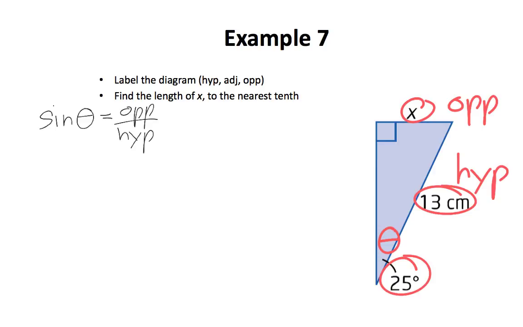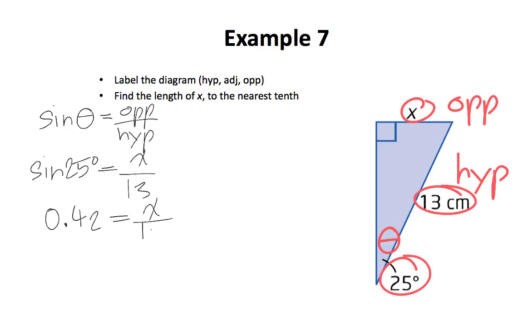Next, we want to substitute in our known values. So instead of writing theta, I'm going to write 25 degrees. Instead of writing opposite, I'm going to write x. Instead of hypotenuse, I'm going to write 13. Using your scientific calculator, you'll figure out that the sine of 25 degrees is 0.42. Everything on the right stays the same. Next, I'm going to change 0.42 into a fraction. I'm just going to put it over 1, which allows me to cross multiply.